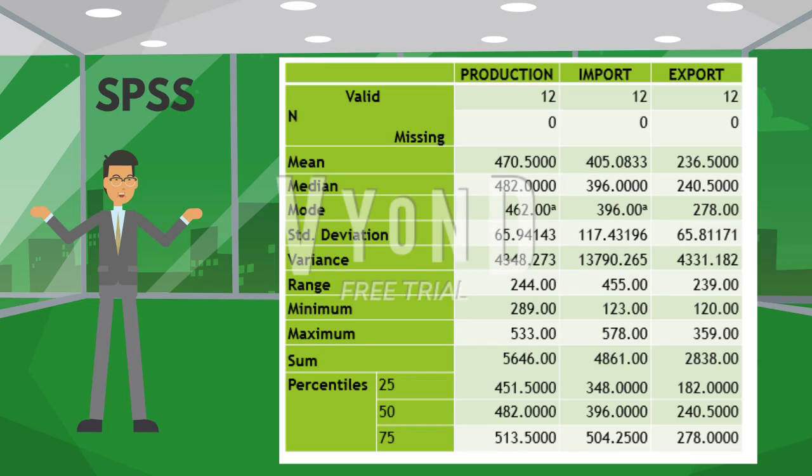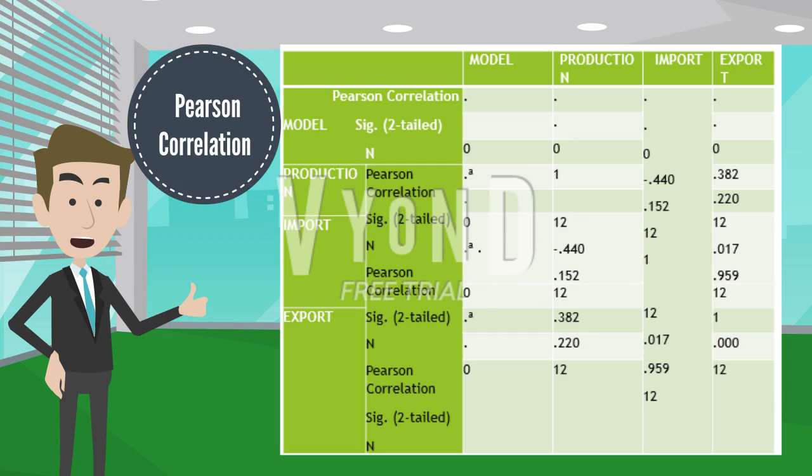Lastly, percentile 75 for production is 513.500, for import is 504.250, and for export is 278.000.